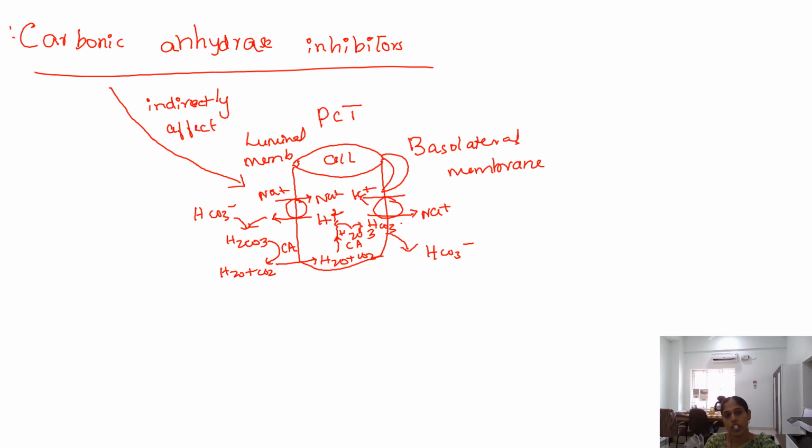So no exchange of sodium takes place here. So this pump is indirectly affected. So sodium will not enter the cell. So what are the ions that are lost in urine in case of carbonic anhydrase inhibitors? So sodium ions are lost, bicarbonate ions are lost. So all these are lost in urine.